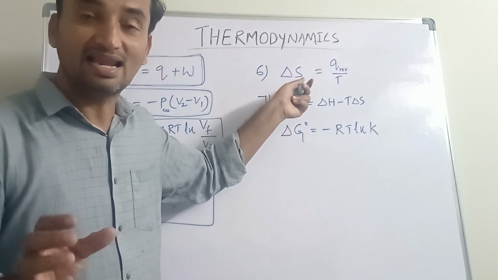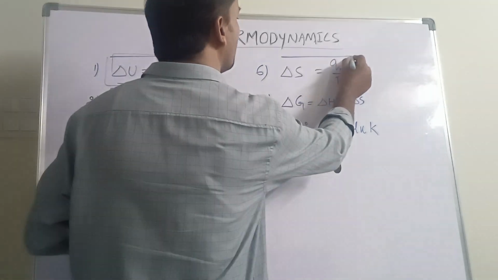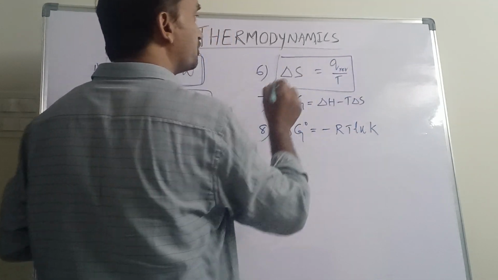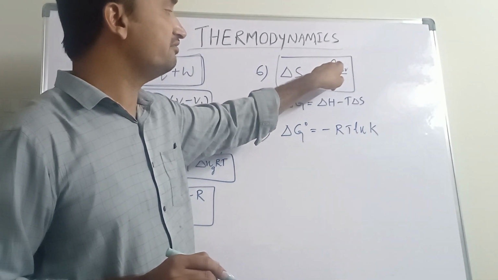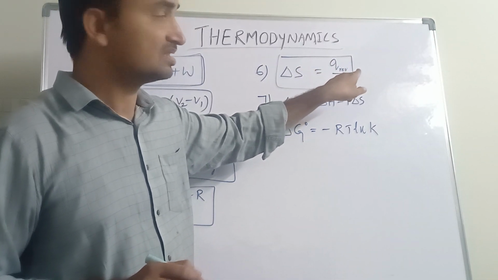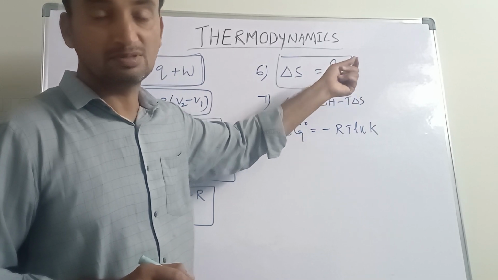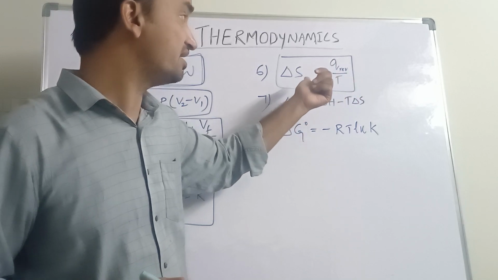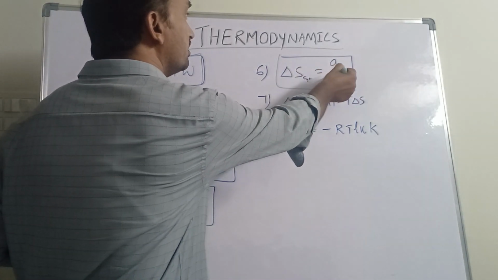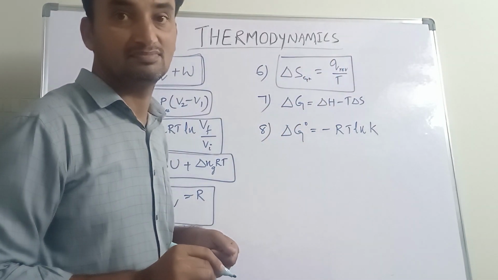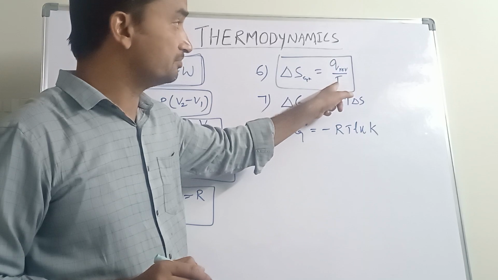Entropy of the system can be calculated by the formula delta S, which is the ratio of Q reversible, that means heat value in the reversible process, divided by temperature. Q reversible by T can be given as delta S. This is for the system. So this will give delta S equal to Q reversible by T.